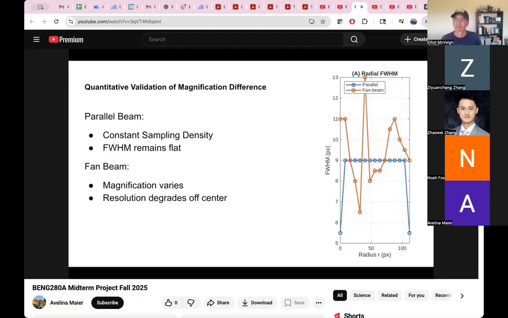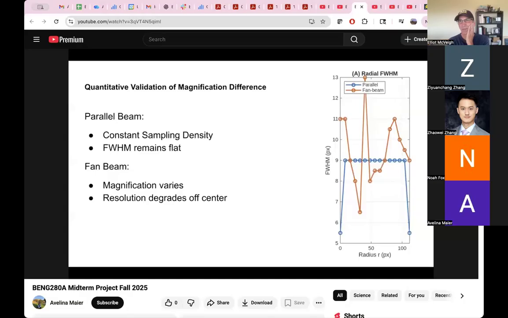Comparing that with the fan beam, the central rays experienced higher magnification, which produced a smaller full width at half max, which makes sharper detail at the center of the image. The periphery has a larger full width at half max, which results in more blur. That's how we were viewing it at the time, and it did help us understand the dynamics a little more.